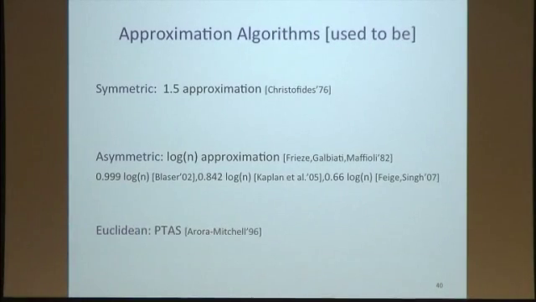There is a 1.5 approximation algorithm by Christofides that hasn't been improved for over 35 years. There is a log n approximation by Frieze, Galbiati, and Maffioli that, although many people have tried, they only managed to improve the constant in front of the log n. And there was a PTAS, polynomial time approximation scheme, for Euclidean TSP, which means that you can get very close to 1 in polynomial time. Okay?